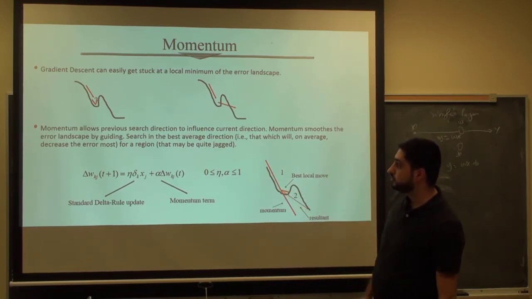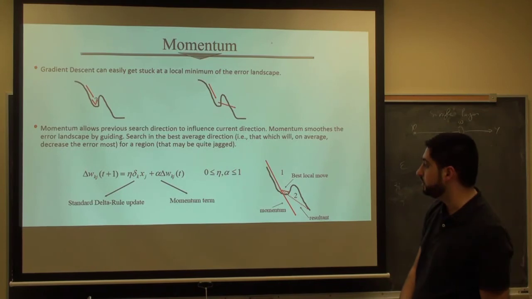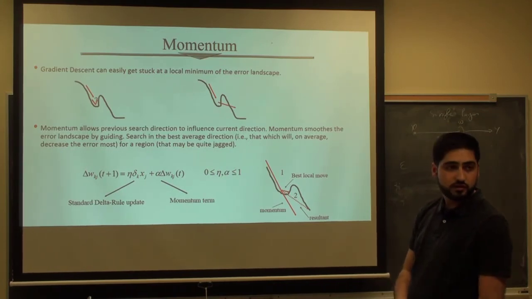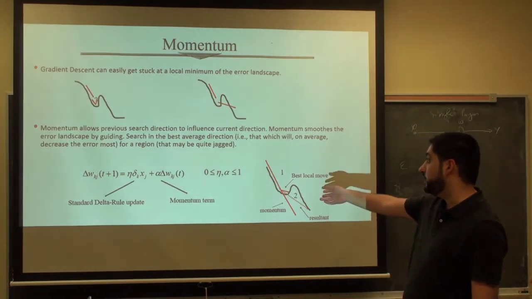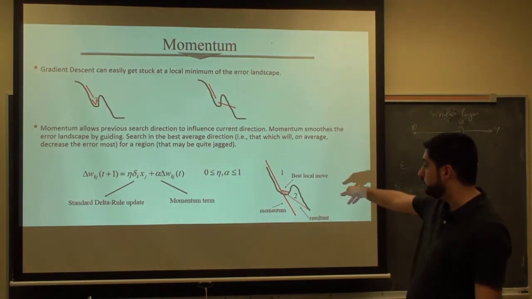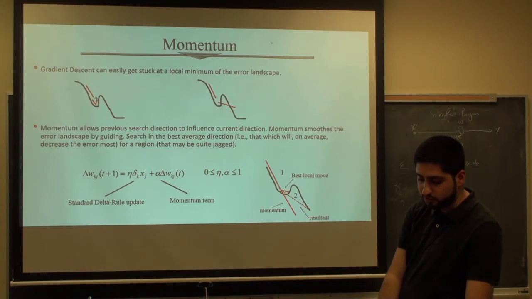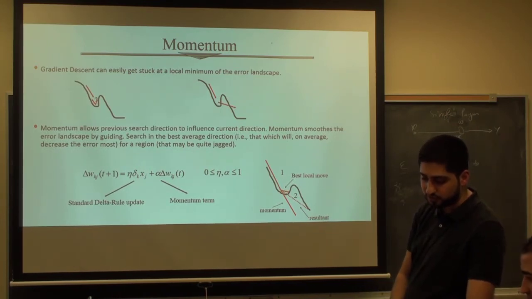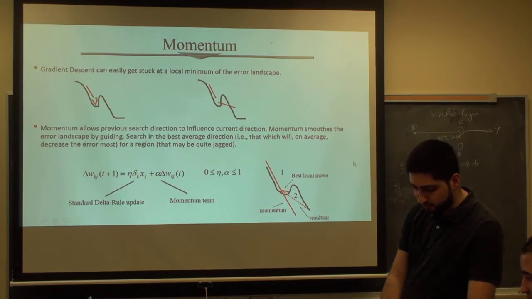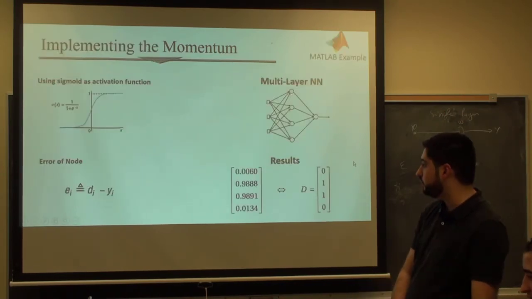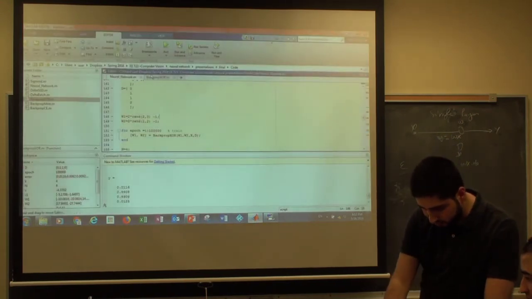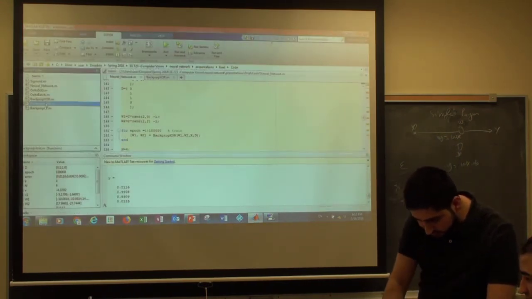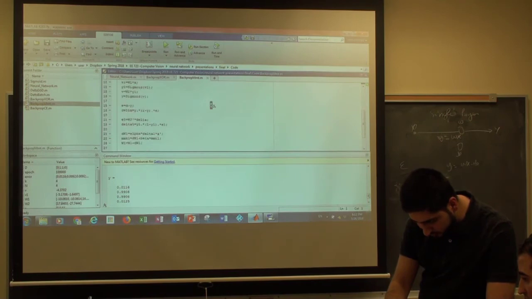So this is a good, useful method: using momentum. We use it to avoid cases like this. It will reach the minimum faster because we keep a record of the previous values. It's like a memory effect. We have an example where we use the same network and add the momentum term.